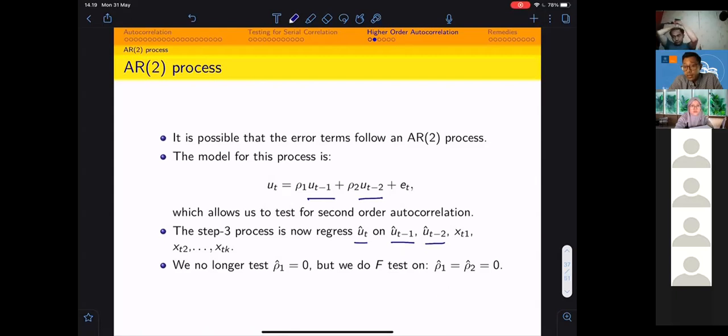Now the step 4 is also going to be quite different. So instead of just using the t-test, to test whether or not there is a serial correlation on the autocorrelation coefficient rho hat 1, we're going to test whether or not rho hat 1 and rho hat 2 are simultaneously equal to 0. Okay, and so we're going to use the F-test. Okay, so that's going to be the AR2 process.